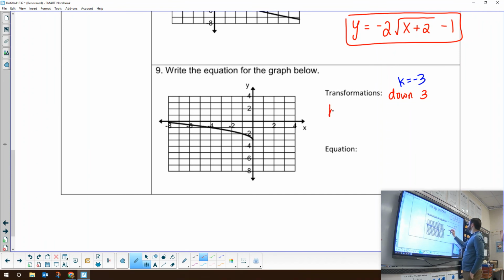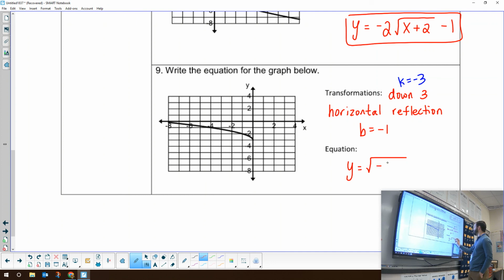So that means we have a horizontal reflection. That means that my b is negative. Okay? So my equation is going to look like this. We're going to go y equals the square root of negative x minus 3. Okay? And there we go.